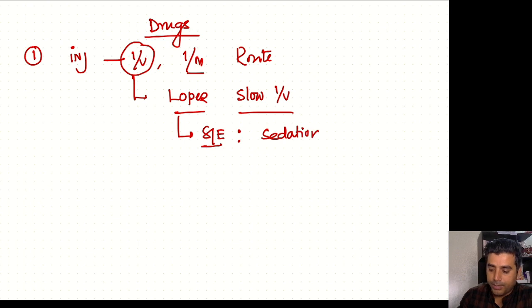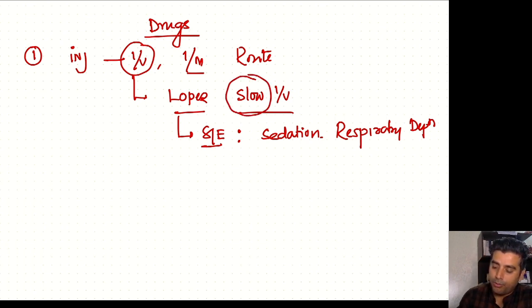Number 1, it may cause respiratory depression, and the patient may die. So whenever you are giving injection lorazepam, always look for the word slow. If it is not written, still you need to give it slow. If it is mentioned as IM, you should give it in the IM route only.